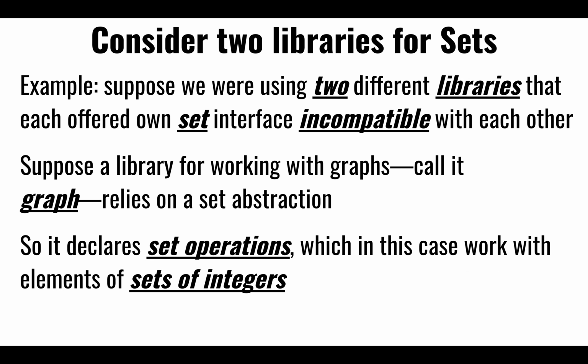So we'll look at two simple libraries. Both of them deal with set operations, like being able to add or remove or find things in a set. One of them deals with individual elements: being able to add an integer to a set, remove an integer from a set, or find whether that particular integer is in a set. So one of them focuses on set operations on individual elements.